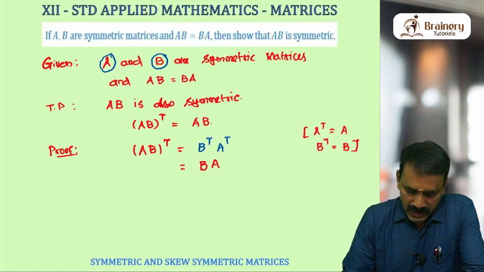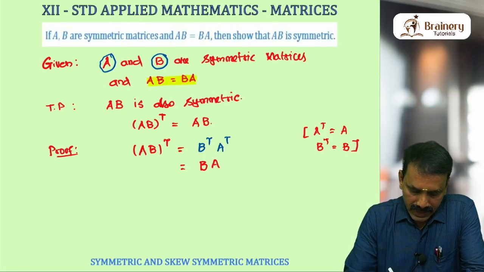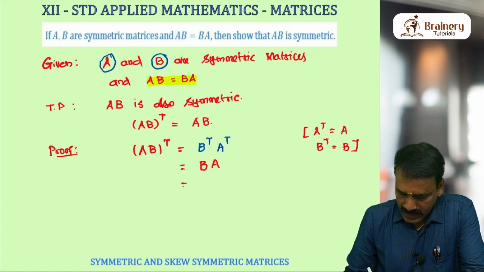Now another condition is also given to us: AB is equal to BA. So now I can write BA as AB. So what do we conclude?